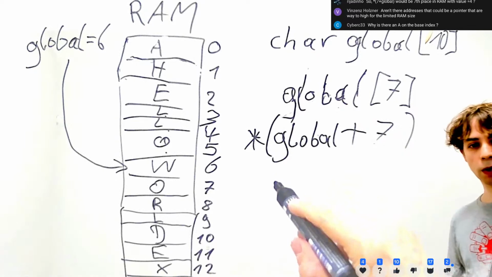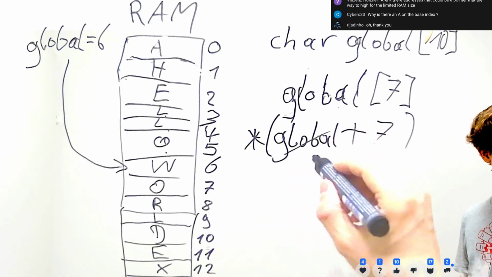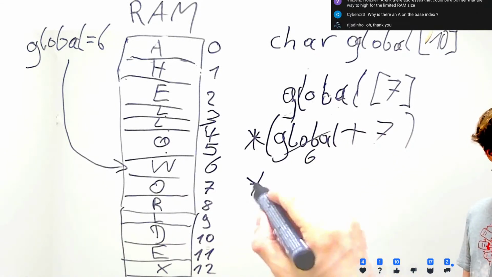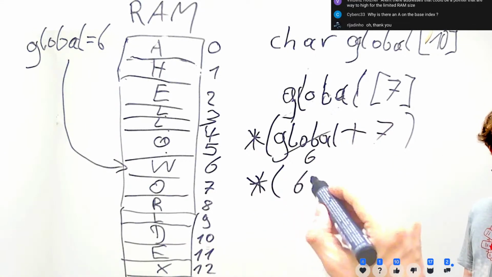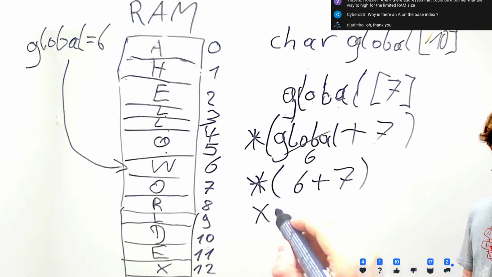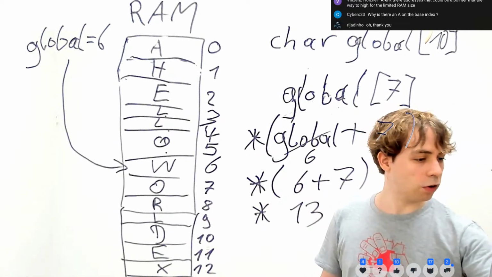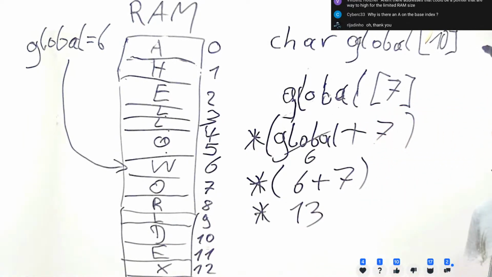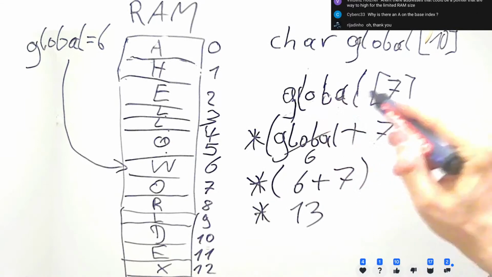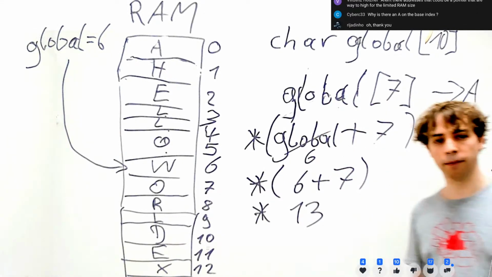And this just means that we again compute what it is. So it's 6, so we have here 6 plus 7. And that means we dereference address 13. So the value that we read here is A. Character, if we would read this, we would get the value A.